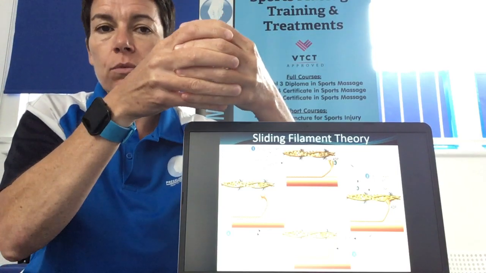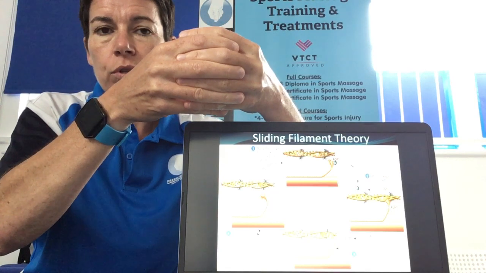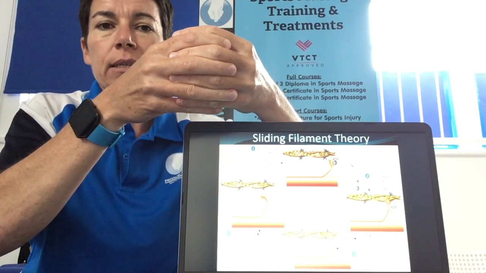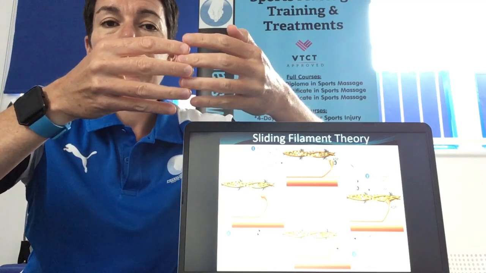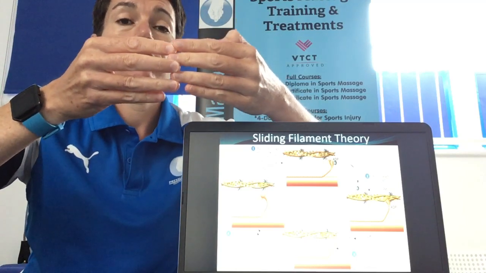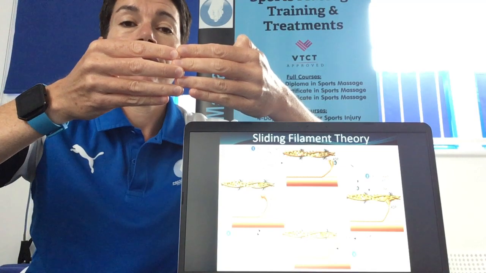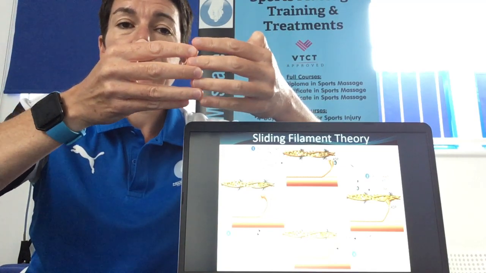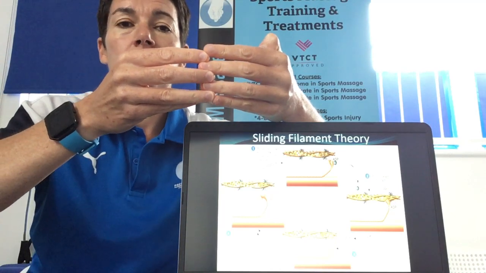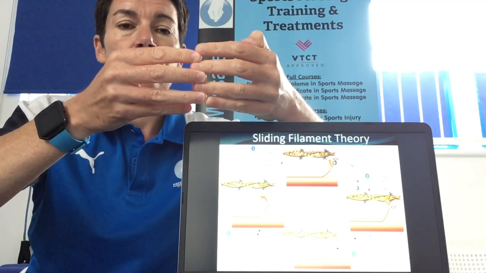That's what makes the muscle wider and shorter. So that's a muscle contracted. That's a muscle at rest. And if we go to this position here, that is a muscle lengthened. If it goes to here, that would be a muscle tear. So it needs to be some contact in the middle, okay, to allow the action to happen.